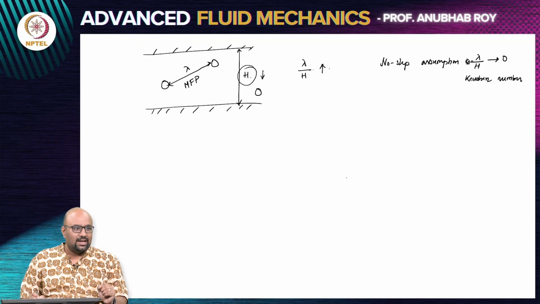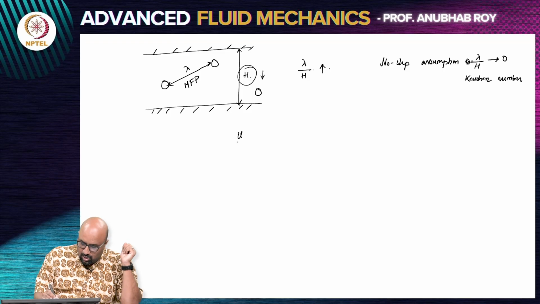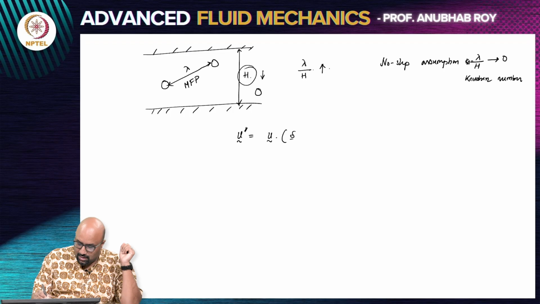If you say that the system had some kind of a slip, it was not perfectly a no slip boundary condition, we wrote down that the tangential component, I am using the symbol here to say this is the tangential component, is equal to u dotted with delta minus n, or u minus u dot n.